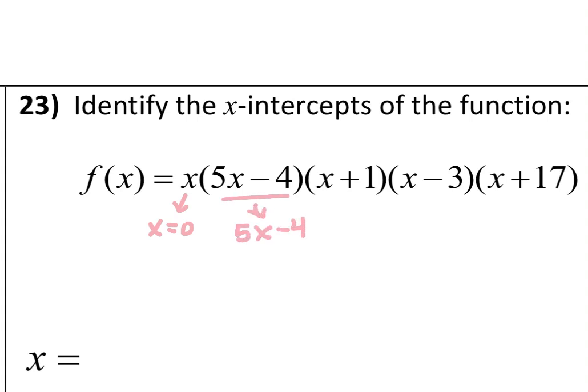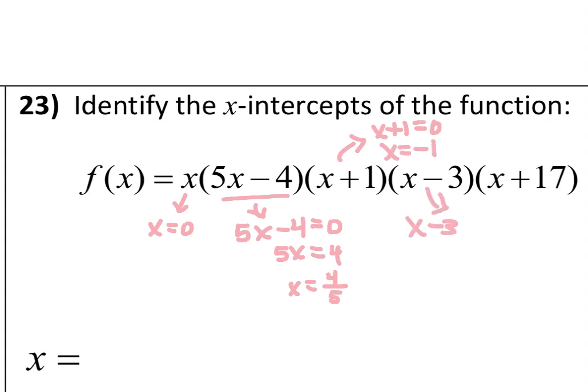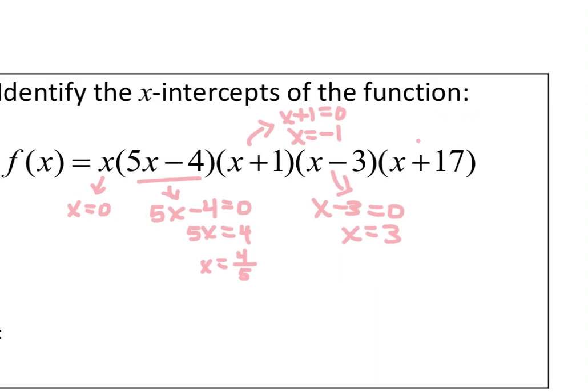5x minus 4 equals 0, so 5x equals 4 and x equals 4/5. X plus 1 equals 0, and so x equals negative 1. X minus 3 equals 0, so x equals positive 3. And you don't have to show all this work if you can do some of it in your head.